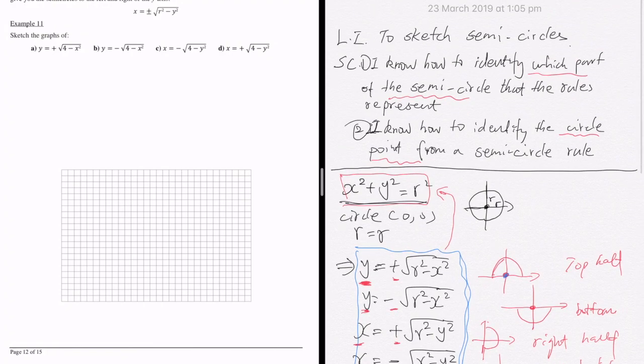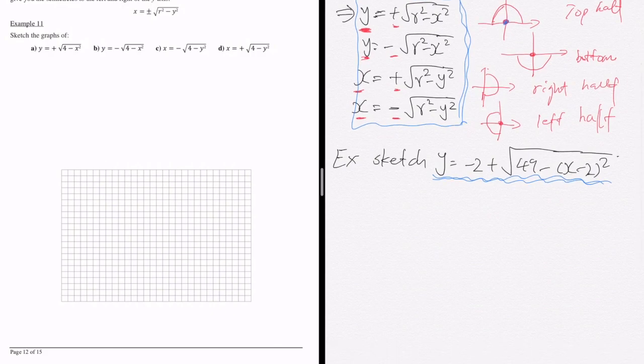So this is our second success criterion: how to identify the center point from a semicircle rule. In this form, it's kind of difficult to identify the center point unless you know this topic very well.